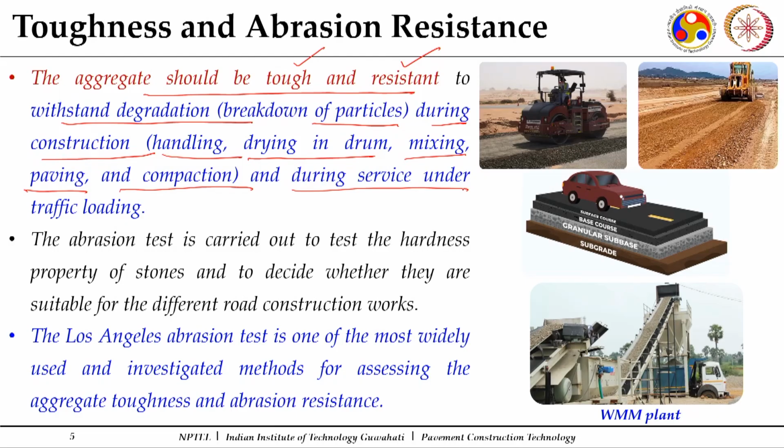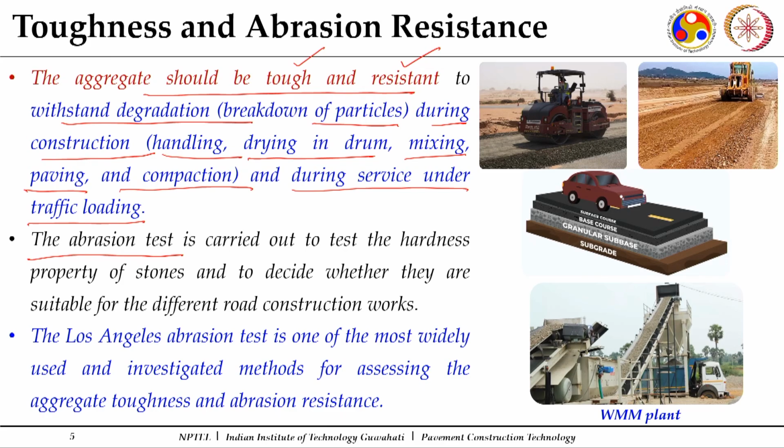Thereafter, once construction is done, the traffic loading will come over it. So, again it should be suitable enough to bear the abrasion or the wear and tear caused by the movement of the traffic. So, one is the measurement of the abrasion resistance. Abrasion normally comes when one aggregate is abraded with respect to the other aggregate.